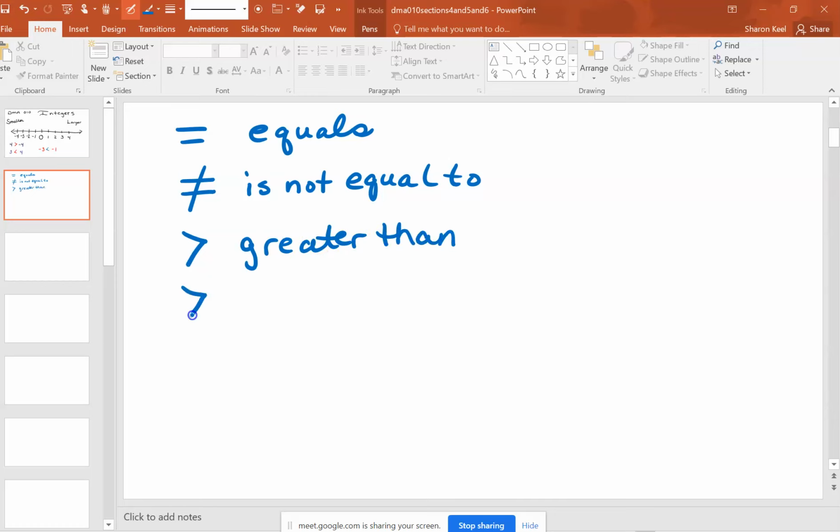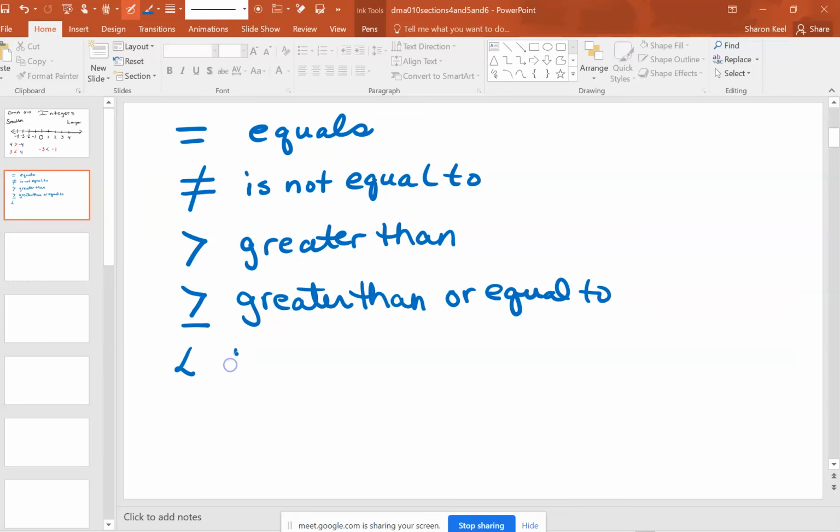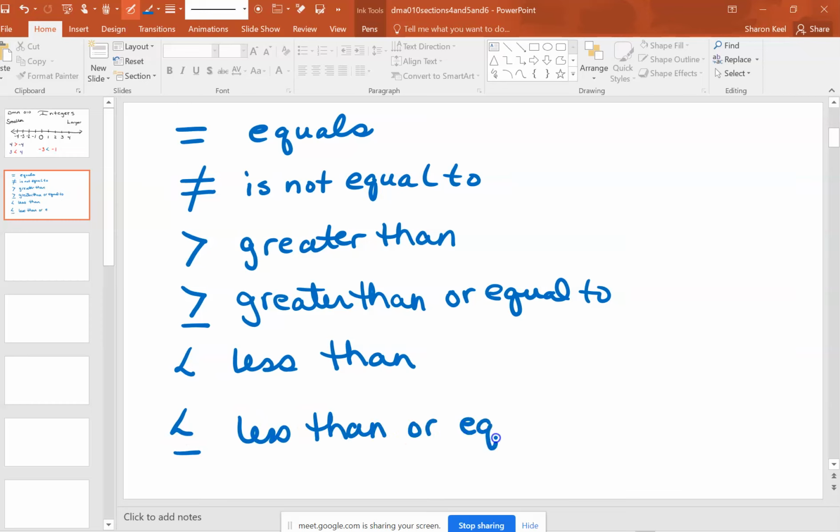If you have the greater than with a line underneath, that would be greater than or equal to. This is our less than, and this would be our less than or equal to.